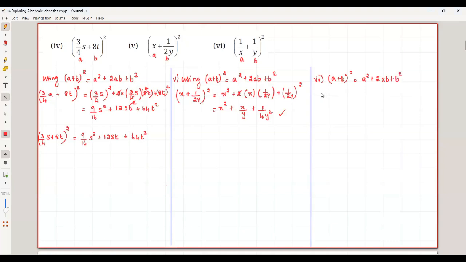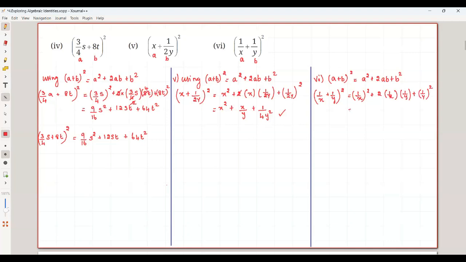Just write 1 by x plus 1 by y the whole square is equal to 1 by x the whole square plus 2 into 1 by x into 1 by y plus B square, 1 by y the whole square.